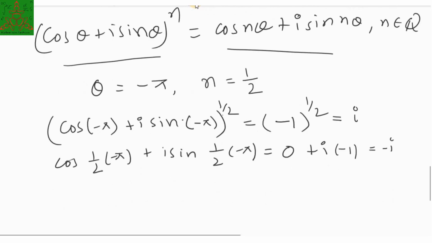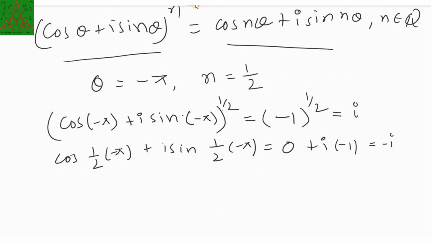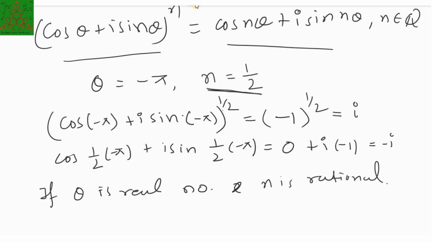Okay, and so these two results are not true if you consider n as a rational number, but we can state this result in this manner. If theta is a real number and n is rational and theta is in this interval, that means it is a principal argument.